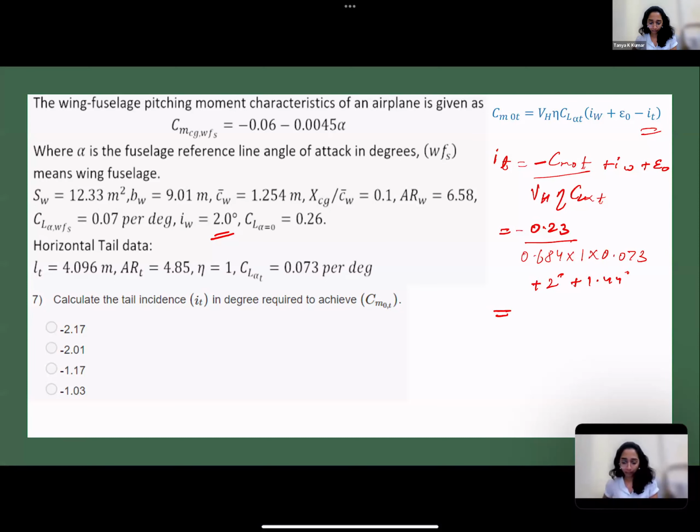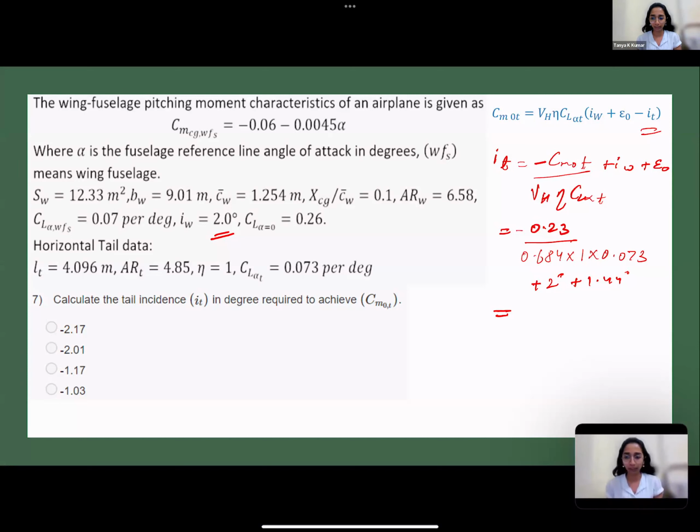What is the angle? Can you just tell me what the angle is? I don't have a calculator with me, it's just my phone.